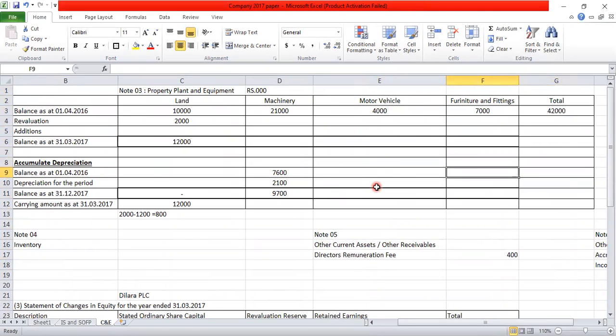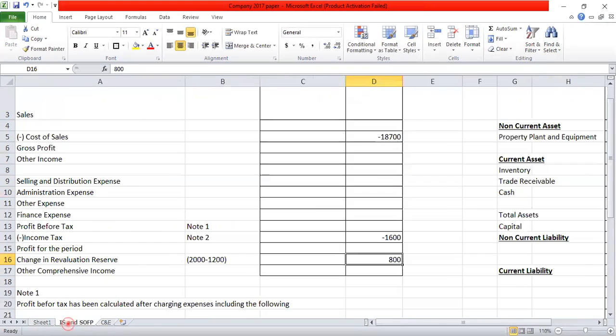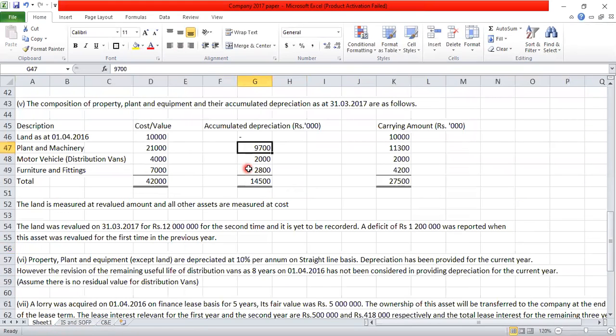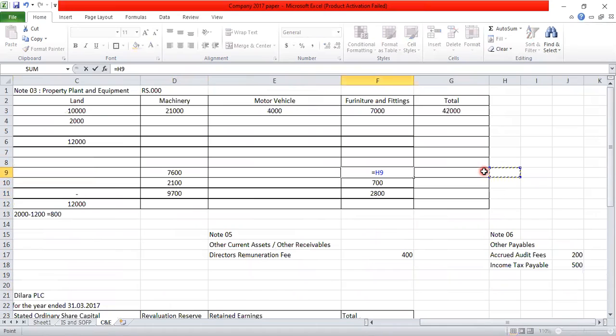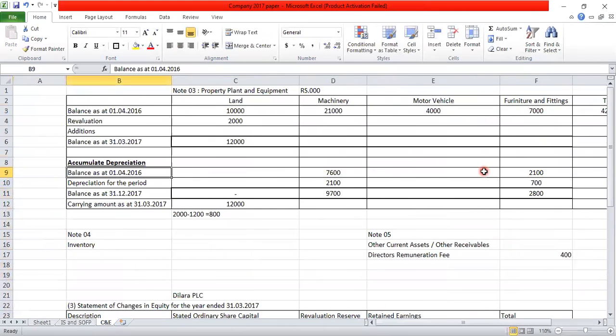I have my closing balance of furnitures and fittings 2,800, so I will consider 2,800 here as accumulated depreciation final balance. So 2,800 minus 700 will give me my opening balance of 2,100.